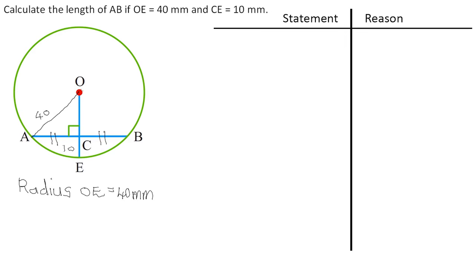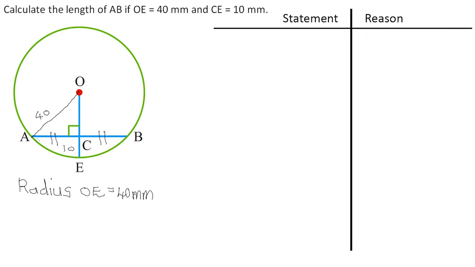Now, if I look at this right-angled triangle, the side that I need to calculate here is OC. Because once I can calculate OC, then by means of Pythagoras, I will be able to calculate AC. And once I have AC, I need to double AC in order to get AB. So that was just a short description of the procedure.